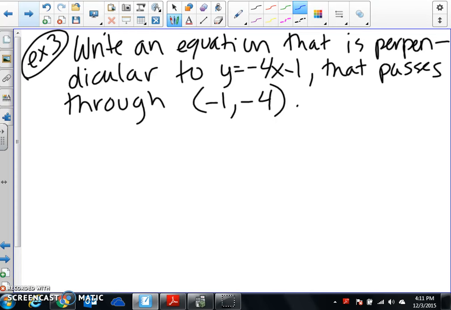Okay, so I go through here and I see that it says perpendicular to this line.